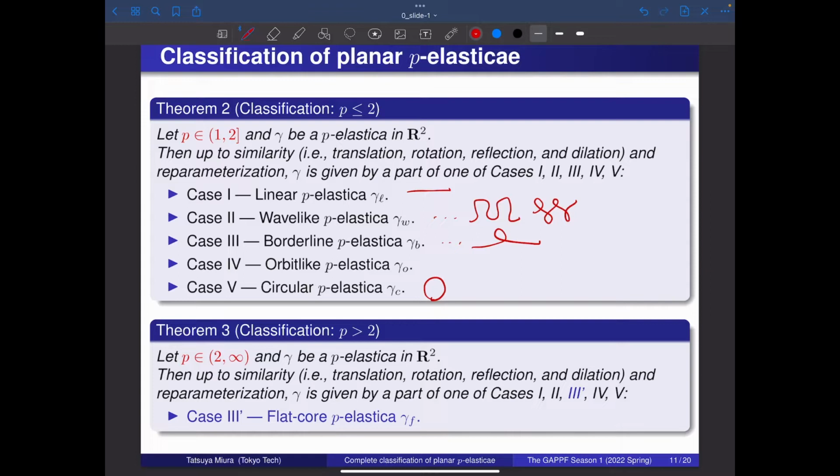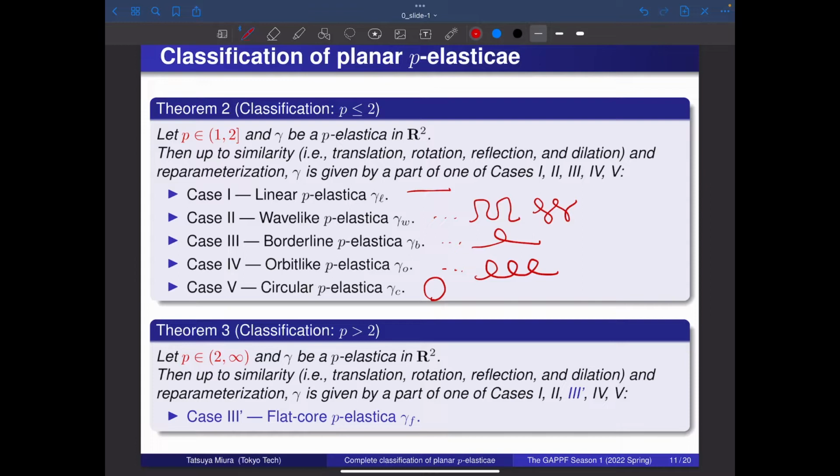On the other hand, in case 4, orbit-like p-elastica, we again have some periodic structure, but it looks like this. So in particular, the curvature doesn't change its sign.